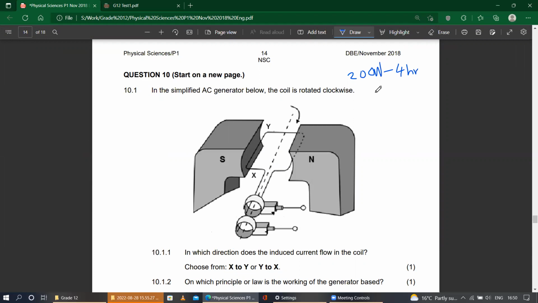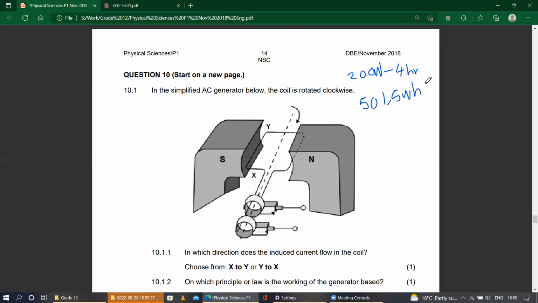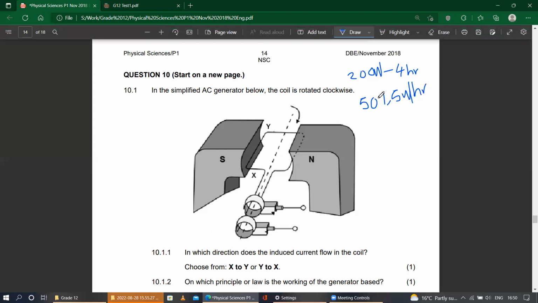And they're gonna give you the price of electricity, let's say 50 rands per watt hour. So they just calculate the price of electricity.